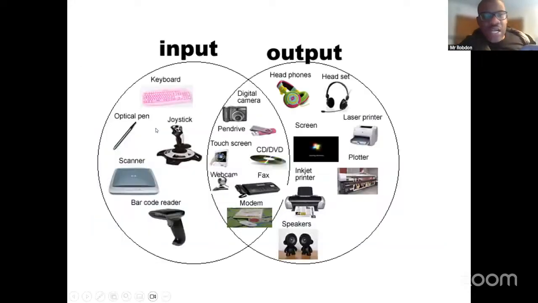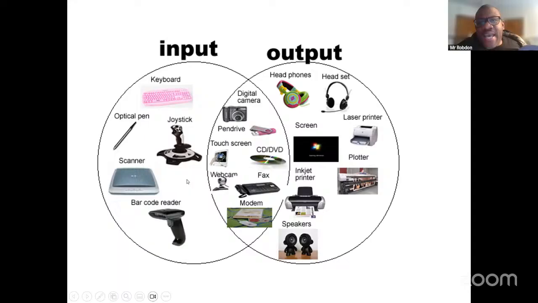Now, there are some devices that can be both input and output all at once. And some of those include, and we see them around, a webcam and all those. All right, but we'll talk more about those as we venture on.